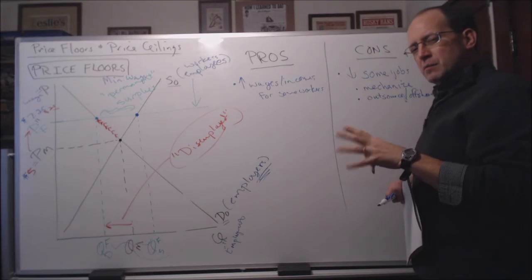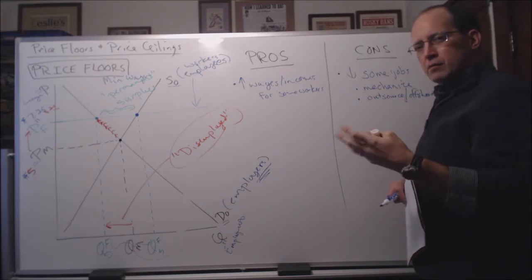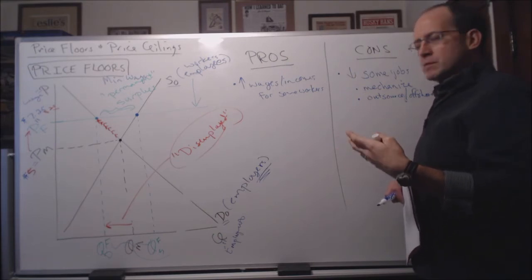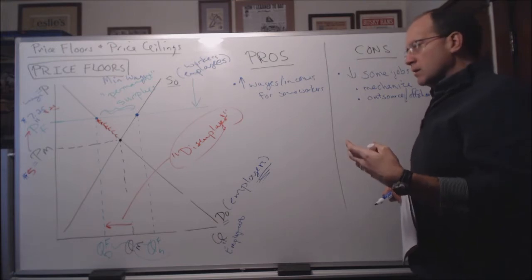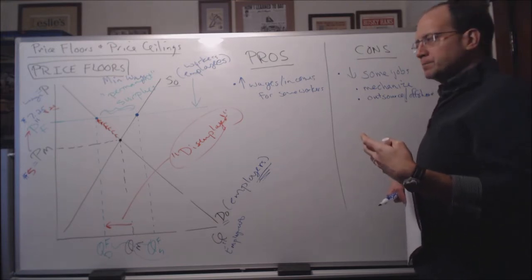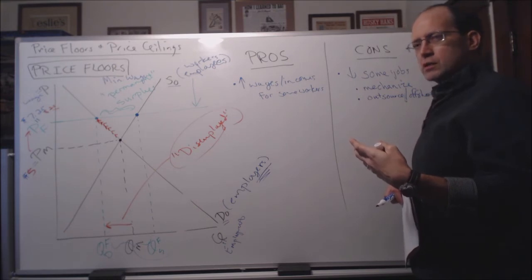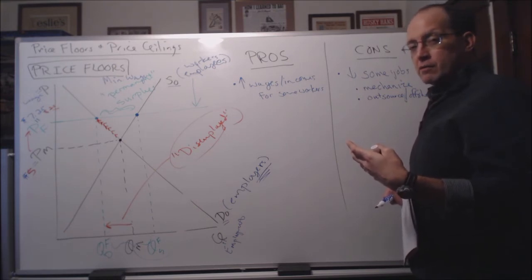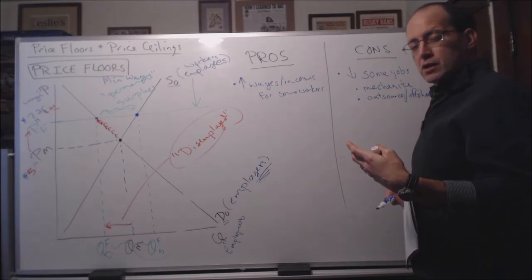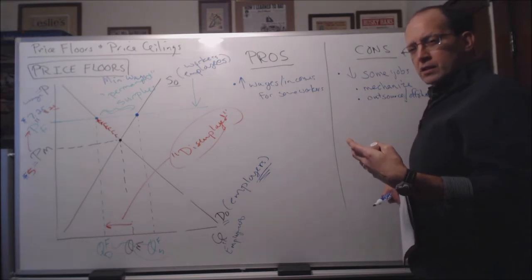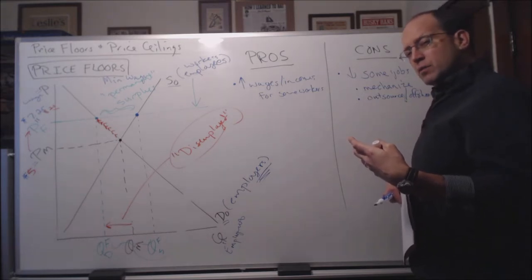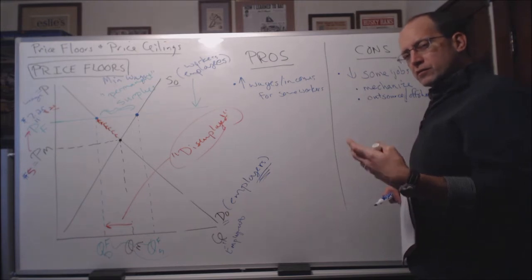The studies about the impact of minimum wages on employment are a little bit mixed. Most of them say, this is a general summary, that in the short run, when the minimum wage is increased, employers talk the talk, but they don't walk the walk. They threaten that they're going to lay off a lot of workers. In reality, they don't. In the short run, it's pretty hard to replace workers doing fundamental, essential duties.